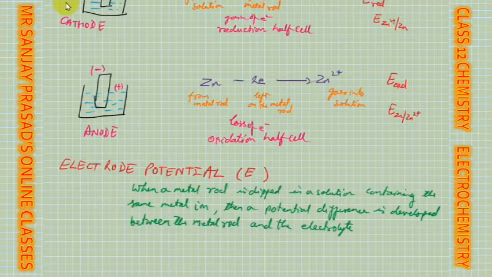Okay, a potential difference is developed between the metal rod and the electrolyte, which is called electrode potential.